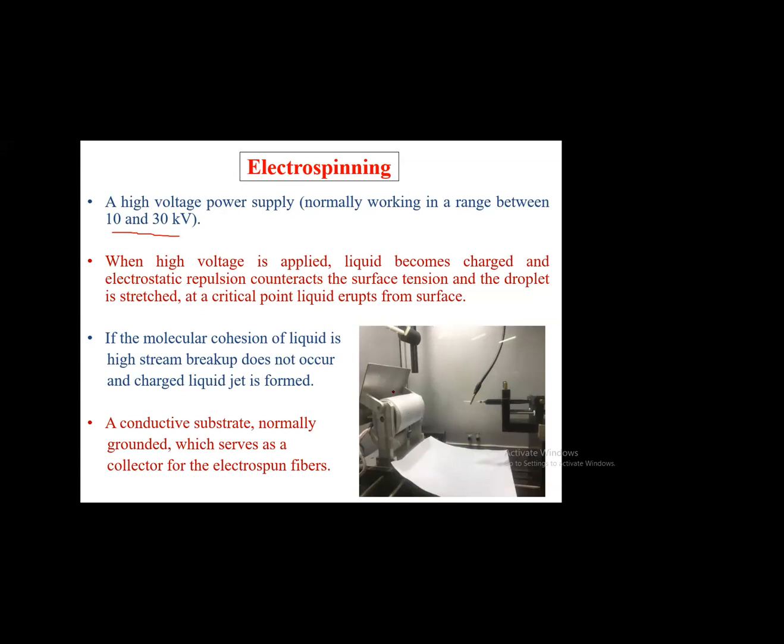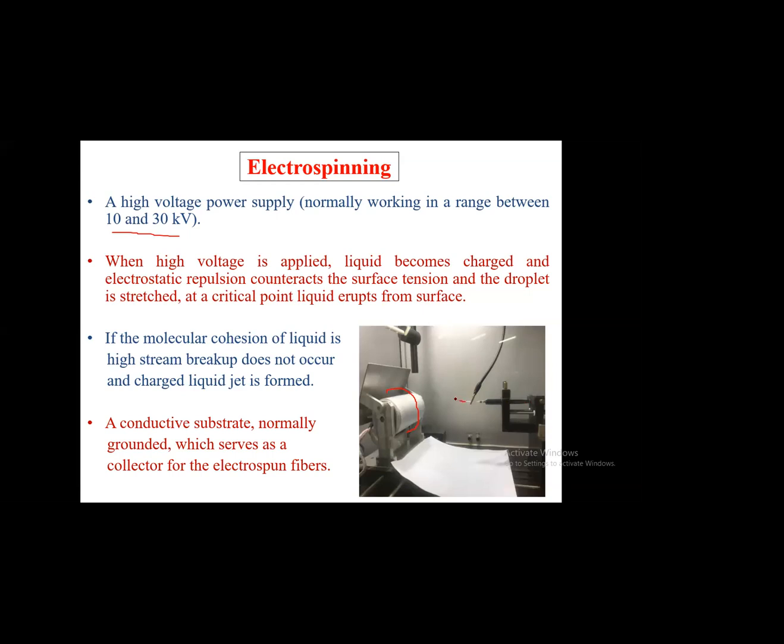Here is the drum, where we can draw the fiber. This is the connector, this is the syringe, and this is the compressor, from where the syringe can be compressed at normal pressure. Once the syringe is pressed, the needle is charged with the help of this crocodile pin.